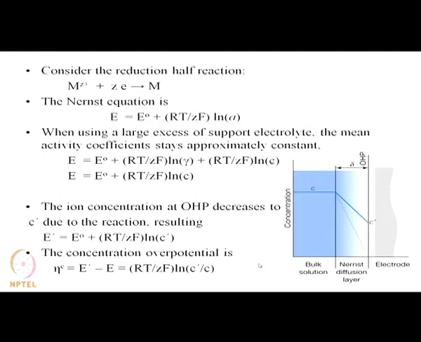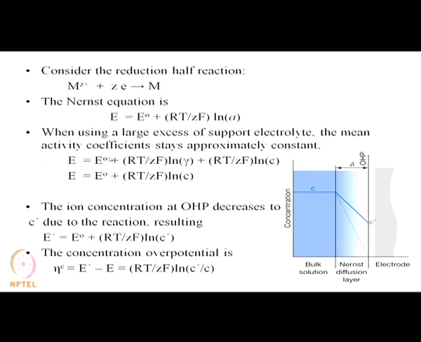Now, consider a simple reaction, that is M^(Z+) plus Z electrons giving M. Now, this is your Nernst relation: E is equal to E0 plus RT by ZF ln a.